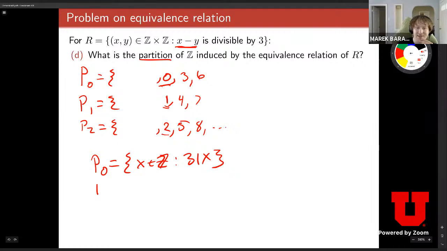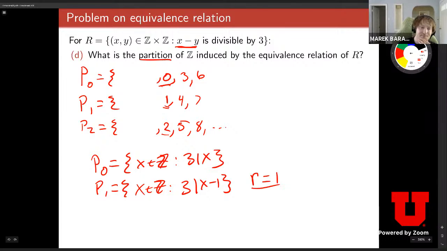P of 1 is equal to the integers x such that 3 divides x minus 1. So this corresponds to the remainder being 1 when divided by 3. And P of 2 is equal to the integers such that 3 divides x minus 2. And this has remainder of 2.